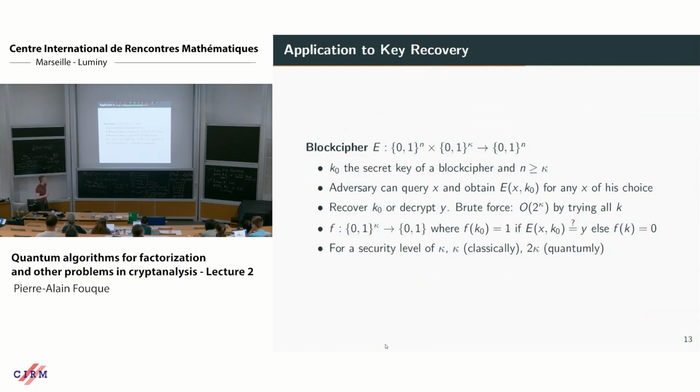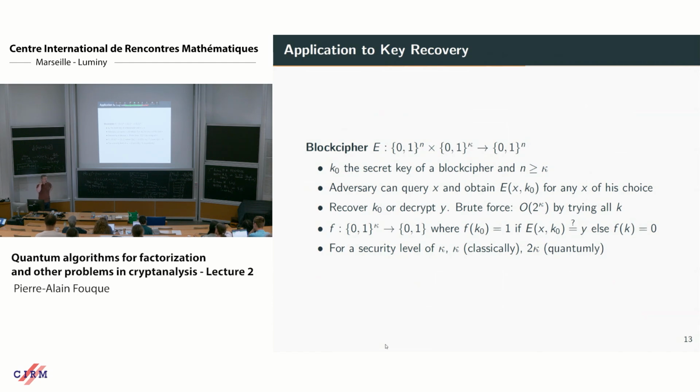For instance, if you use an AES key with 128 bits, you can do this with the Grover algorithm in time 2 to the 64. So maybe NIST, in the beginning of the 2000s, thought that 2 to the 64 could be doable in the near future. And so that's the reason why it also proposed to have 256-bit keys. Okay, so for AES, you have two different key sizes.